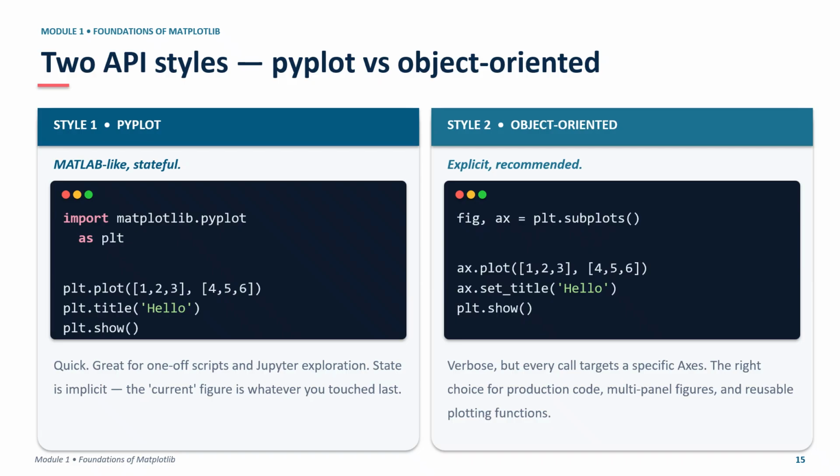You call functions on the plt module, and Matplotlib silently tracks the current figure and the current axis. So here you can see the Matplotlib state: plt.plot([1, 2, 3]) and plt.title('Hello'), and then you show it. It is very simple, compact, and great for quick exploration.